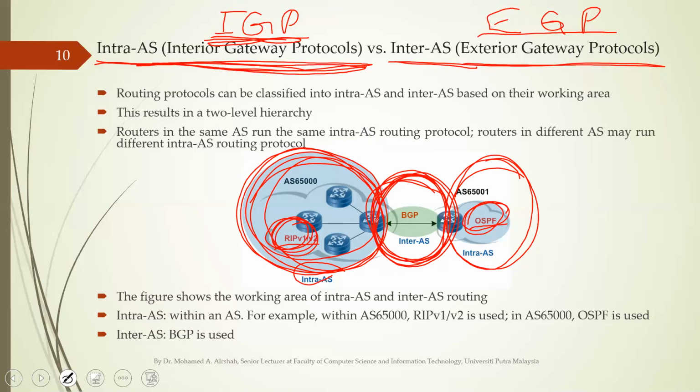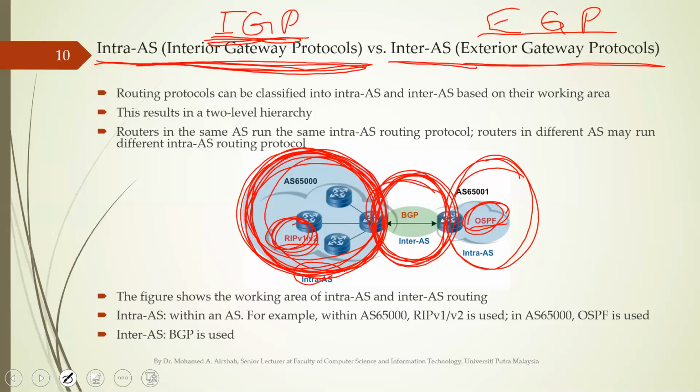Routers in the same AS run the same intra-AS routing protocol. So inside the same autonomous system, we have to run the same routing protocol. It's not practical to have a mix of routing protocols like RIP, OSPF, and so on together in the same autonomous system.